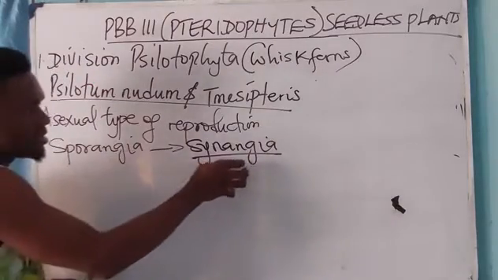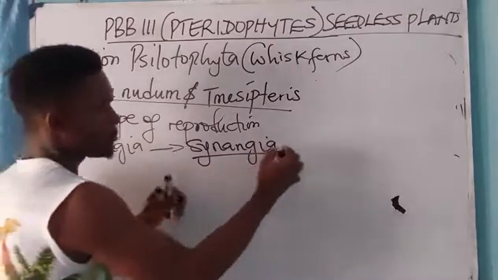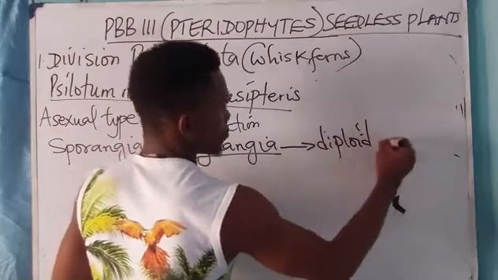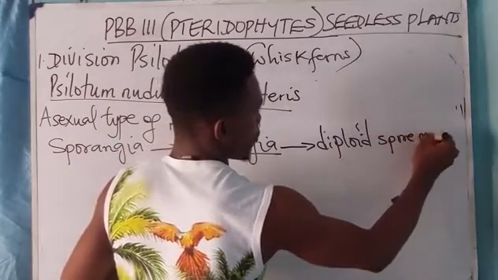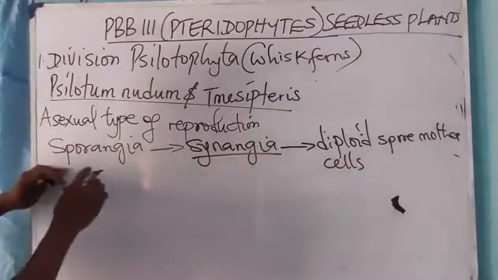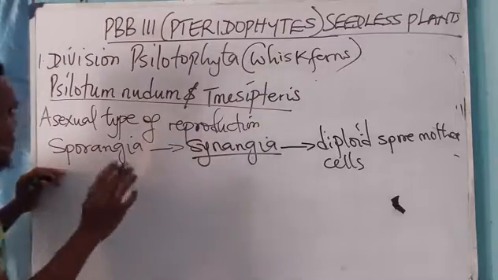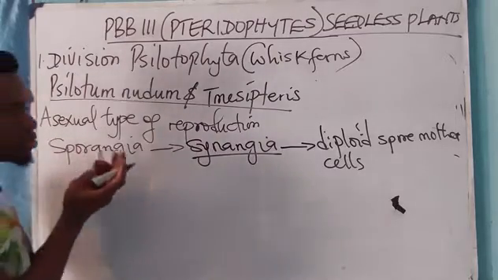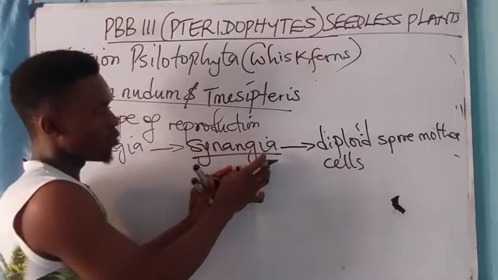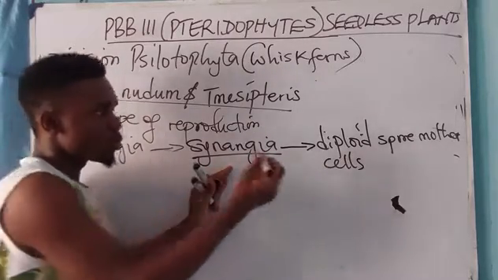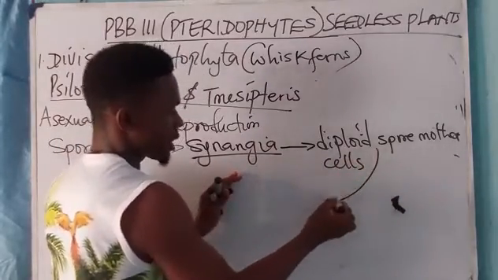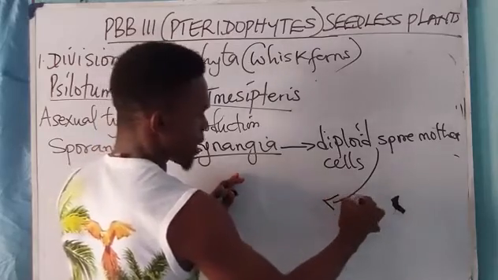Now, this synangium will form diploid spore mother cells. I'm using arrows to indicate it now for a better understanding. Sporangia occur in trees to form what is called a synangium. This synangium will now produce the diploid spore mother cells. Now these diploid spore mother cells will undergo meiosis.